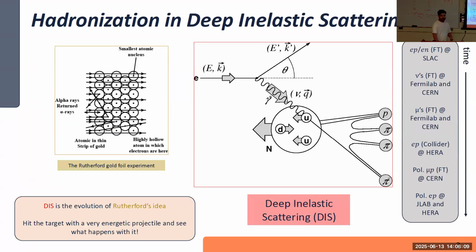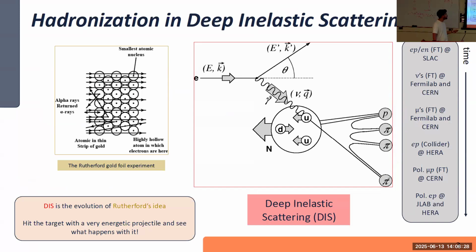For instance, let's go to deep inelastic scattering. What happens here? We have the electron interacting via a virtual photon with one of the partons inside of the proton. Then a bunch of hadrons are produced.